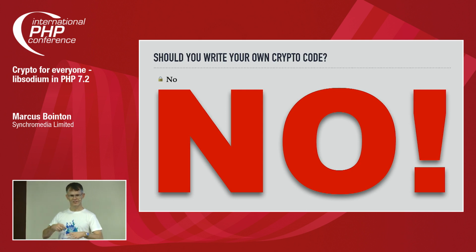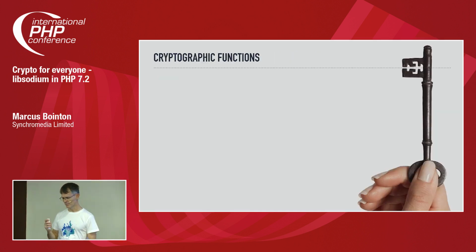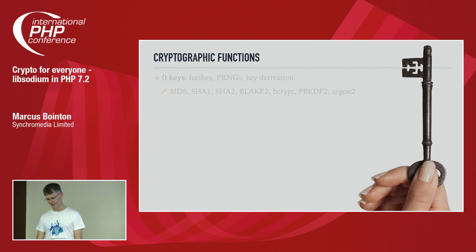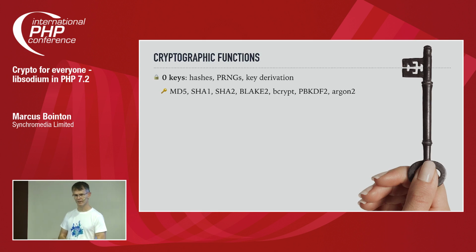So what kind of things do cryptography libraries provide? Well, we can divide all the cryptographic functions that you might run into into some groups, roughly, according to how many keys are involved in their use. At the start, we have, because we're programmers, 0 keys. And in this, we have things like hashes, pseudorandom number generators, and key derivation.